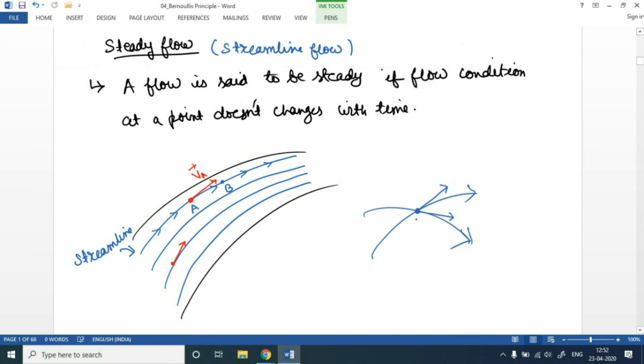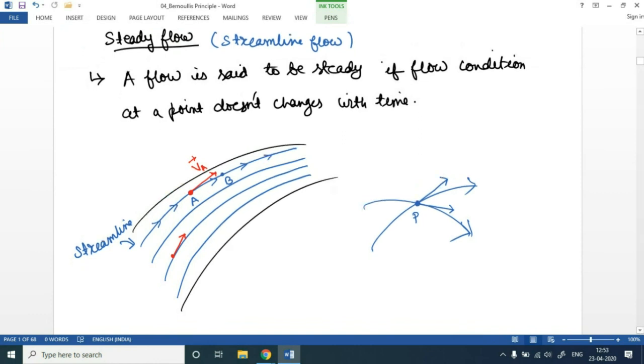So at this point P we are getting two directions of velocity, which cannot be true, because a point has only a unique direction of motion. So two streamlines may never intersect. This is the pattern of field lines.